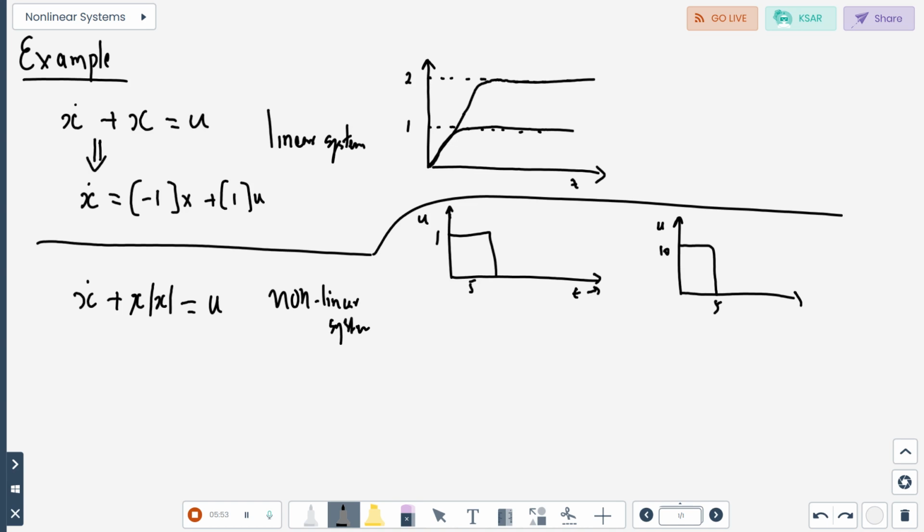So what will be the difference in the output represented by this nonlinear differential equation? The system will first rise, then it will settle at a certain point, and then we remove the input u at t equal to 5 seconds. At t equal to 5 seconds the input u becomes 0, so the output will also decrease.